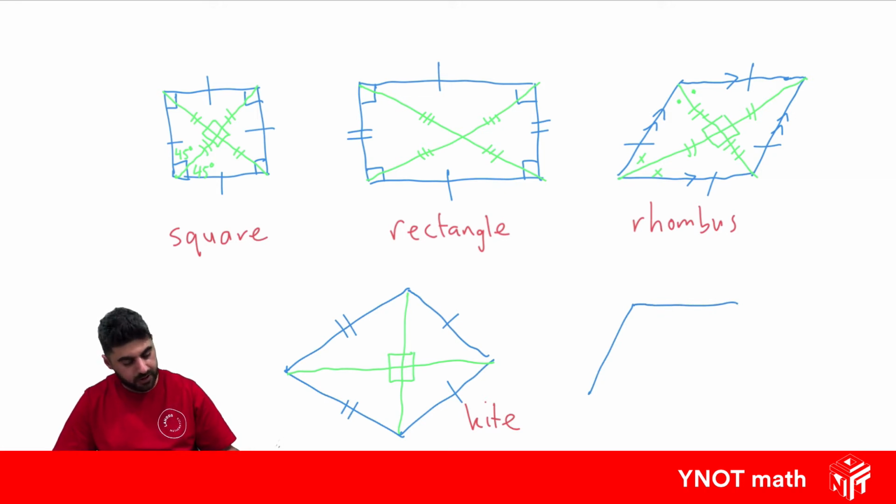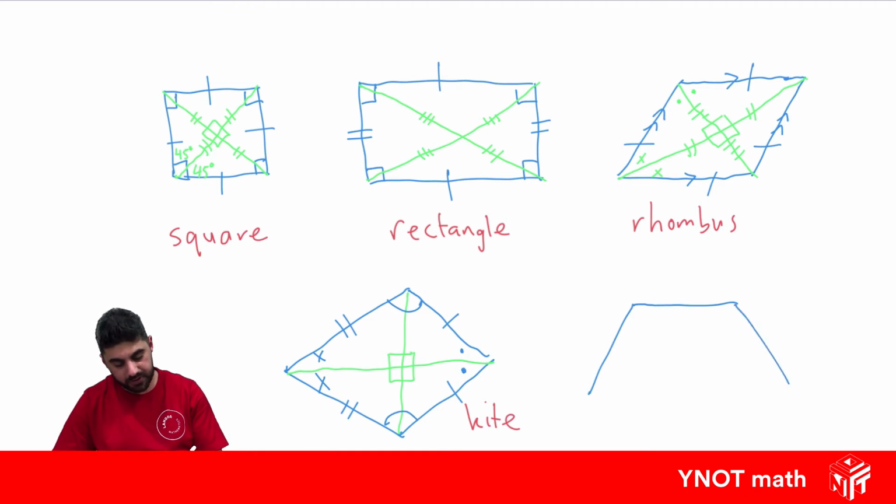Forgot to mention on the kite that it does have one pair of opposite angles that are equal as well. So this one equaling this one. And this angle equals this angle, so that diagonal bisects there, and that diagonal also bisects there, so that angle equals that one.